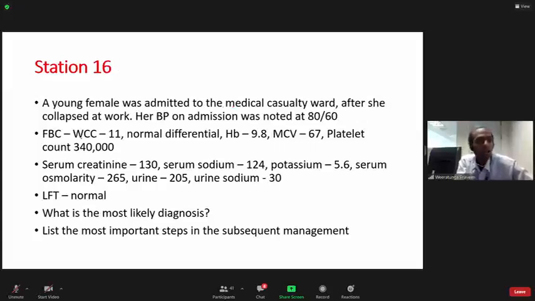Right. Okay, so this is another sort of data interpretation scenario. I'll give you about a minute to read this.